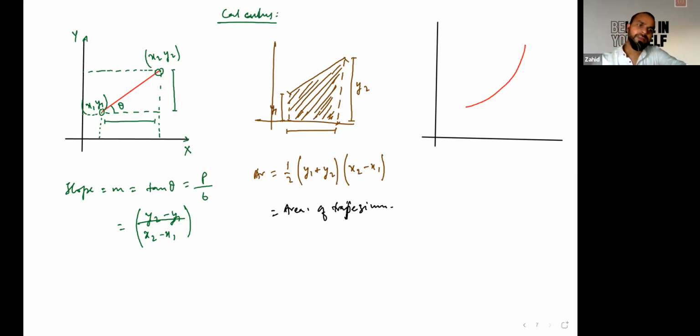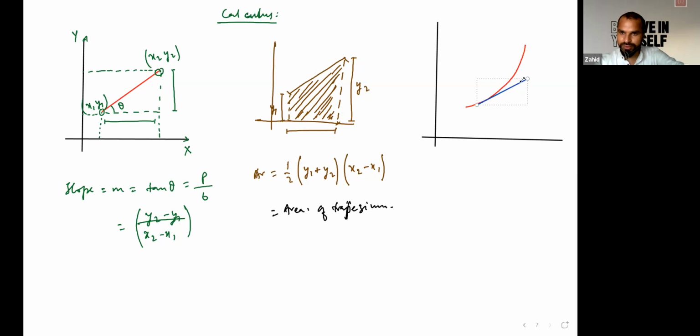So now, for a straight line, the inclination of the line with respect to the x-axis is constant at each point. But for a curve, there are different inclinations at different points.